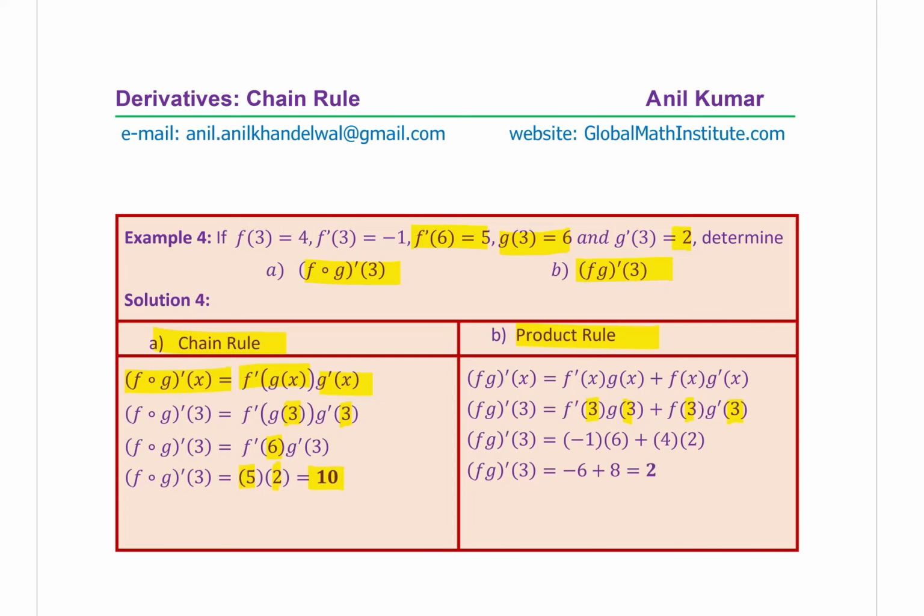We can now read the values from there. f prime of 3 is minus 1. g of 3 is given to us as 6, right? There you go. f of 3 is given to us as 4. And g prime of 3 is 2, right? So substitute these values. Minus 6 plus 8 is 2. That becomes the answer. Is that clear? So go through this once again. Understand the nomenclature. So here we're talking about the chain rule, and in this case it is the product rule. Okay, so these two are very different things.